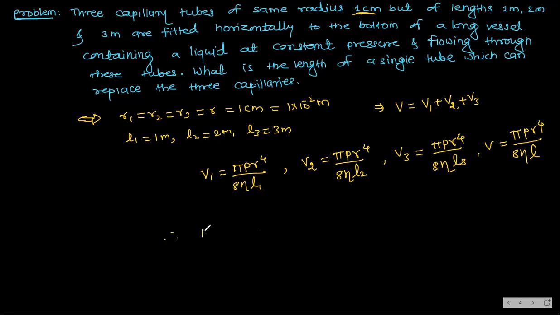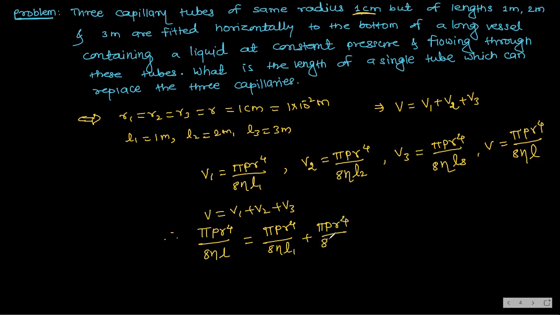So therefore V is equal to V1 plus V2 plus V3, and that's why pi P R power 4 by 8 eta L is equal to pi P R power 4 by 8 eta L1 plus pi P R power 4 by 8 eta L2 plus pi P R power 4 by 8 eta L3.